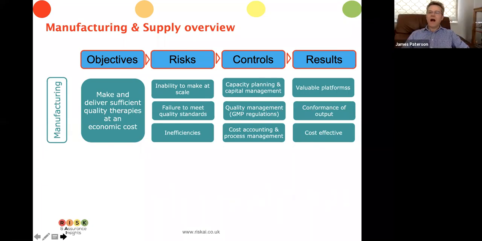Very good. And then the final thing, while we talk about manufacturing generally, and then we'll turn on to supply, is obviously you will be making pharmaceutical products, hopefully, so there is a flow of product and quality, but you don't want it to be done inefficiently from a cost perspective, or just an inefficiency in terms of volume.